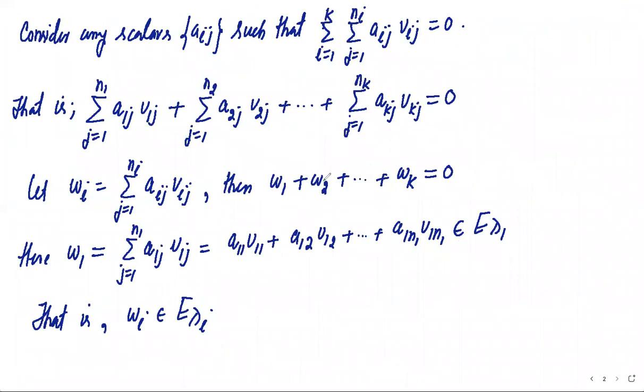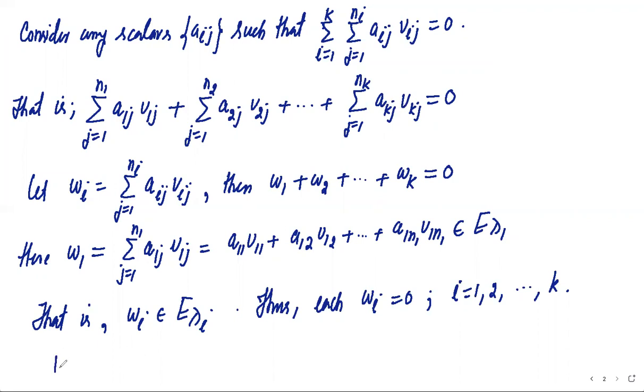So therefore, from here we get every wi is equal to 0. Thus, each wi is equal to 0, where i is equal to 1, 2, up to k. So therefore, this first term is separately 0, second term is separately 0, and this last term is equal to 0.